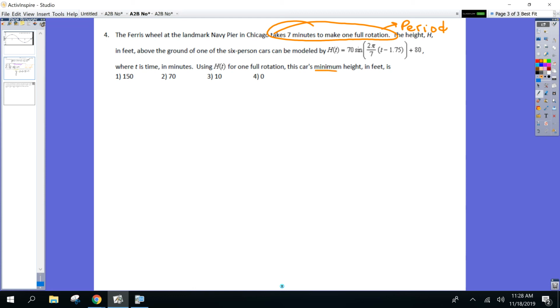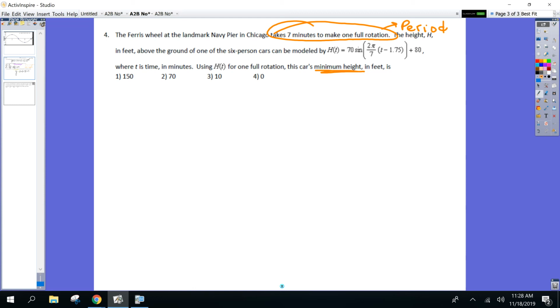What's the car's minimum height? Minimum. Now, guys, I realize there is a ton going on, but we only care about 2 numbers right now. That is it to find the minimum.